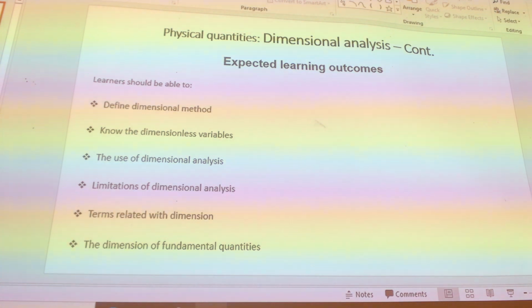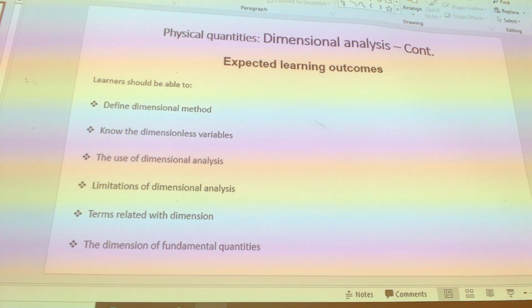Also, the learner should be able to know terms or quantities which are related to dimensions, or which you can use to explain dimensional analysis, as well as the dimension of fundamental quantities.